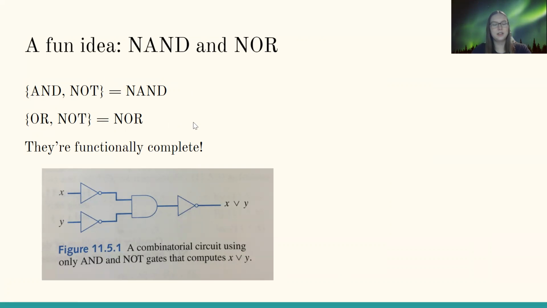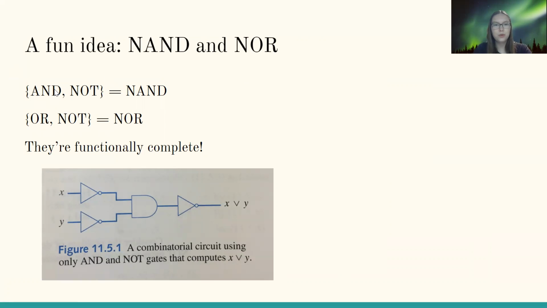And the idea here is that the three simple gates, the AND, the OR, and the NOT, are called functionally complete, which means we can make any combinatorial circuit using those three gates. But apparently, it turns out that AND and NOT are functionally complete.